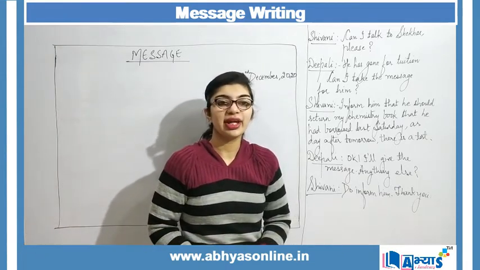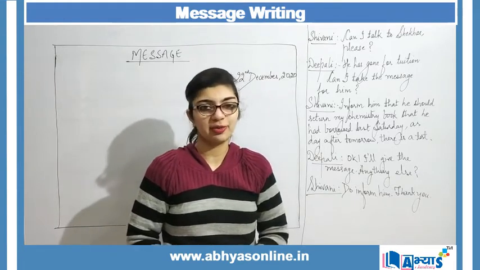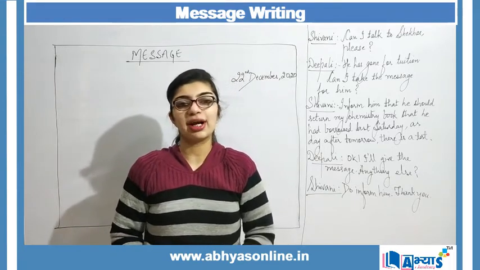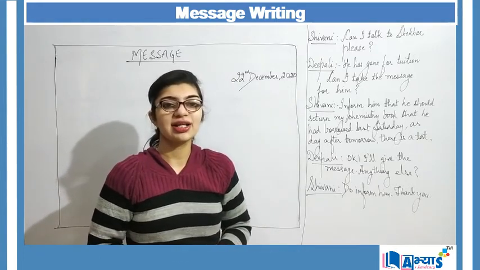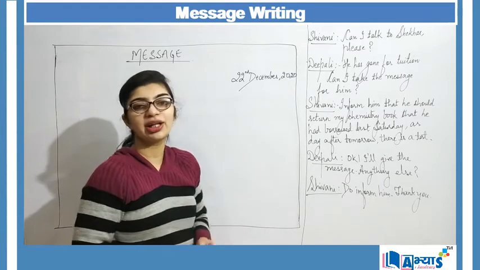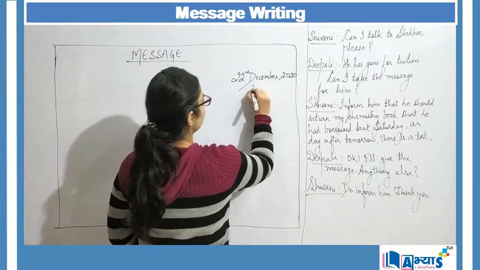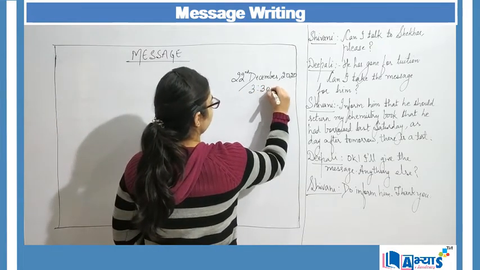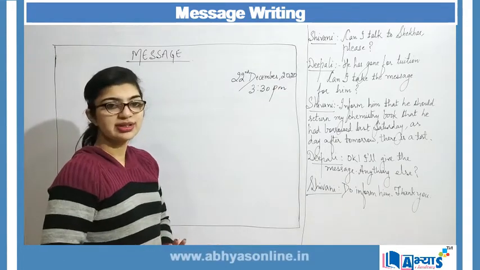We cannot say that it will be morning, because let us assume that in the morning there will be school, and once they come back she realizes that Shekhar has the book and now she wants the book back. So let us assume that it is somewhere in the afternoon. So I say 3:30 p.m. So I have mentioned the date, I have mentioned the time.